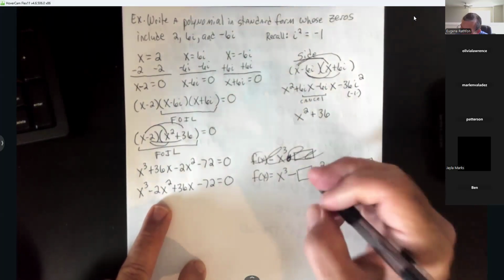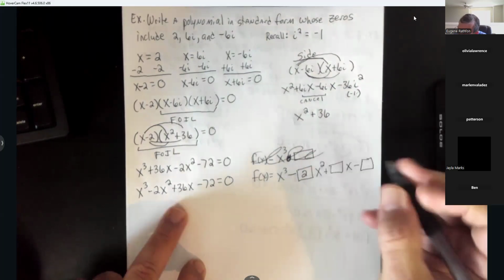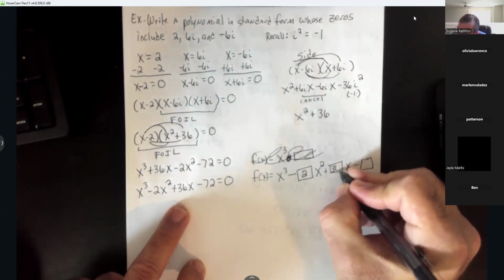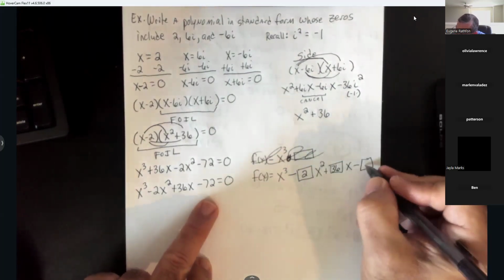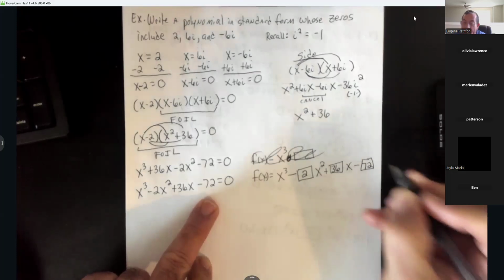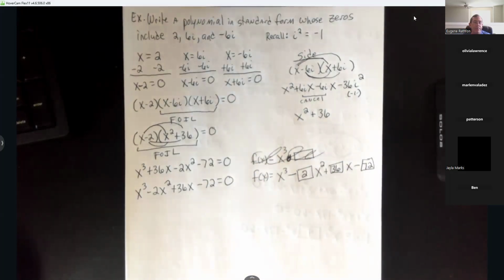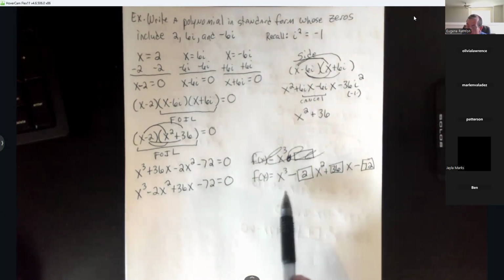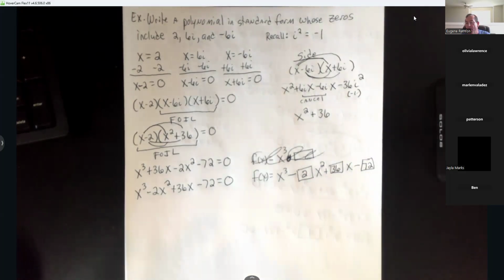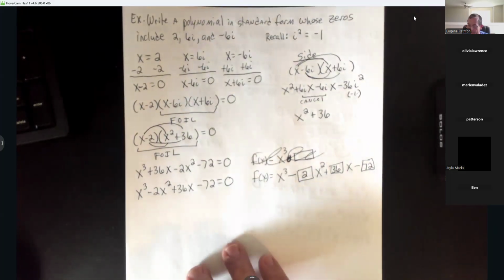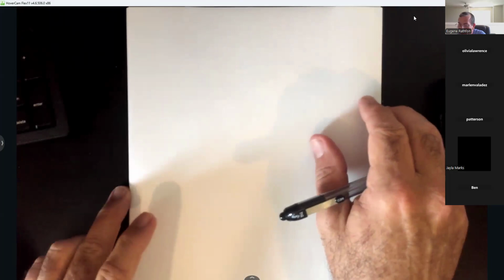So I need a 2 here, a 36 for my x, and then minus my 72. A lot of the answers in these first two or three problems give you most of the answer, and you just fill in what's left. Do you have any questions on those yet?